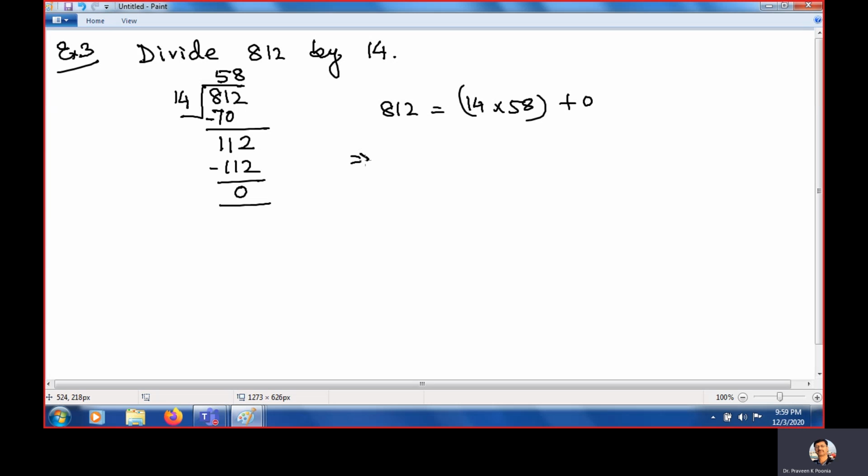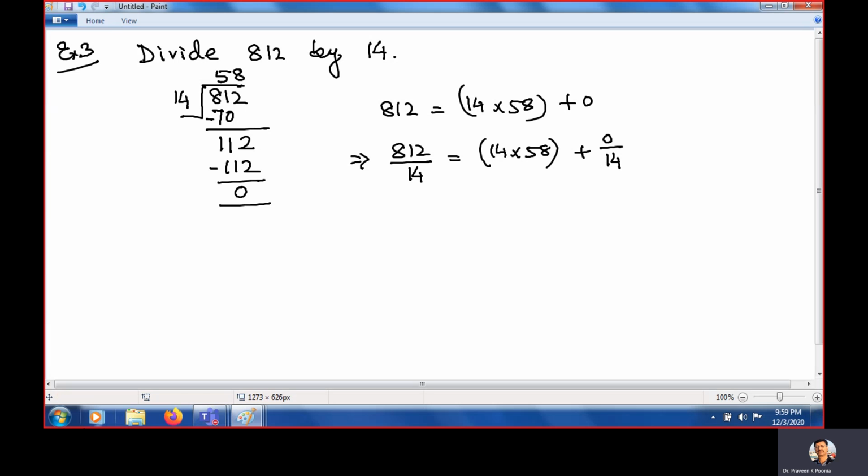In another form, it may be written as we are dividing 812 by 14. So generally we write it as 14 into 58 plus whatever the remainder is, divided by 14. This is how we write. Clear? So here 14 is a factor of 812.